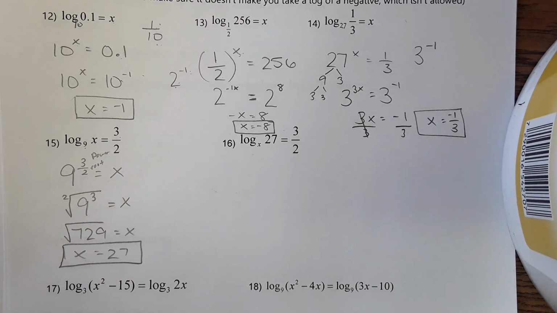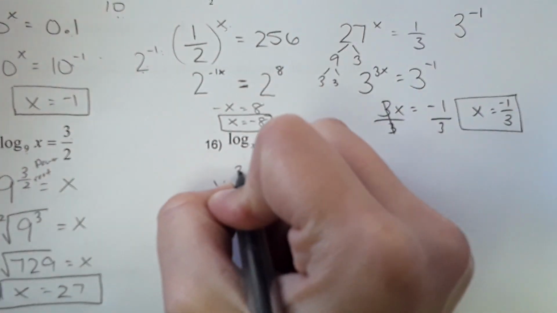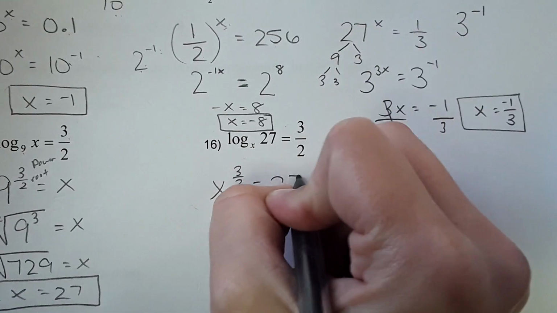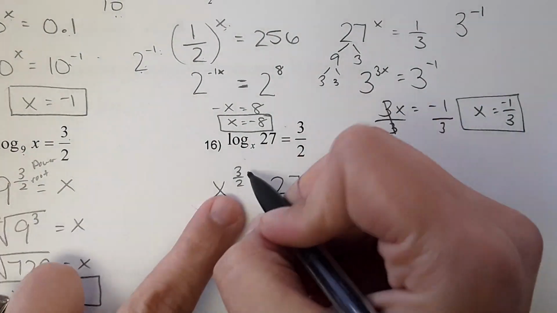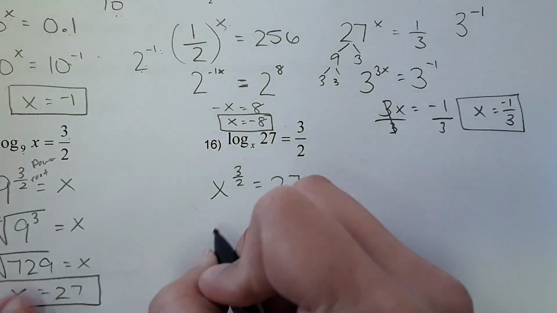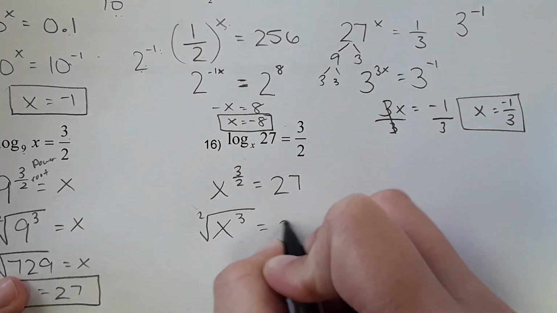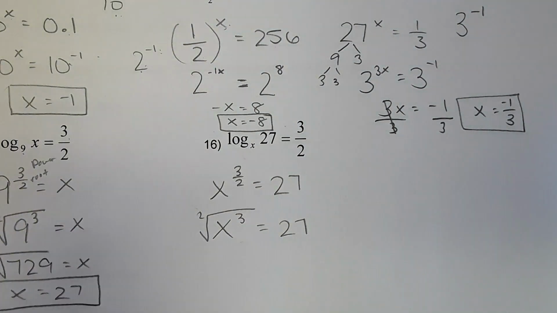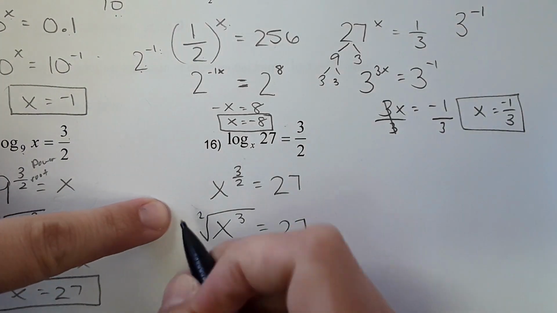Okay, so 16, same thing, base is the base, exponent at the end, equals 27. Power over root, x cubed, square root, equals 27. Then from here, we're going to try to get x by itself.